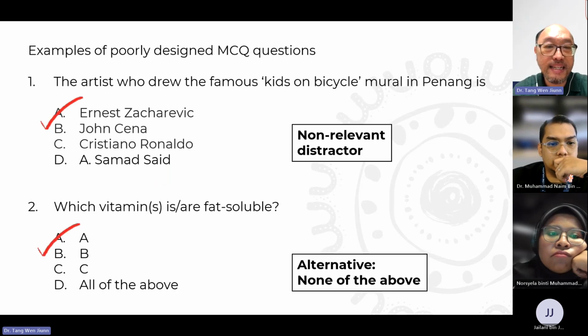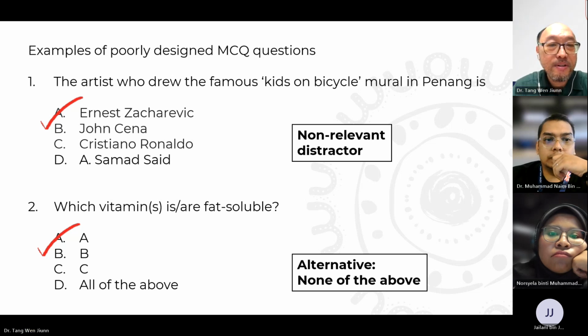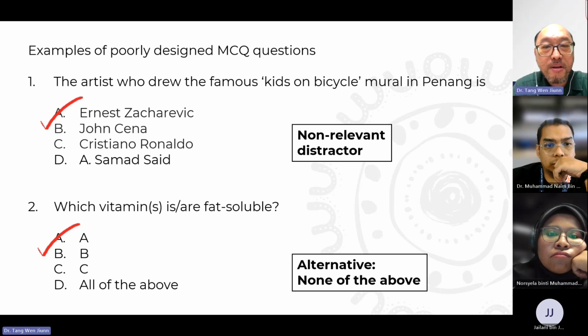Poorly designed MCQ question. You can type your answer in the chat box. Look at this question: the artist who drew the famous kids on bicycle mural in Penang.